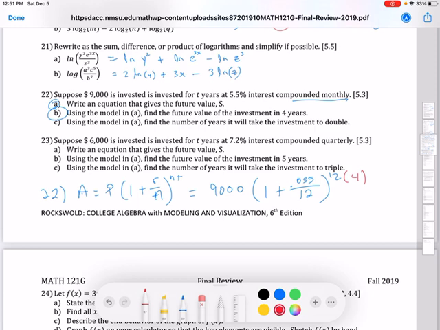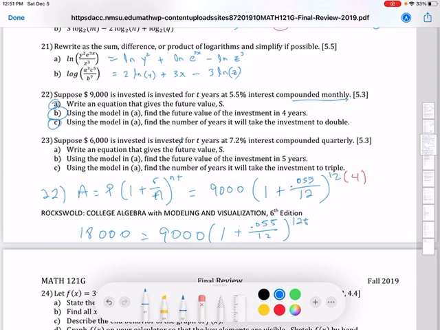Calculate all these numbers in your calculator, and it'll give you an amount. That's what we need to do for 22. Now, for 22C, it says, when will it double? So if the investment was 9,000, doubling means that A should be 18,000. You do some algebra here to figure out the value of t.